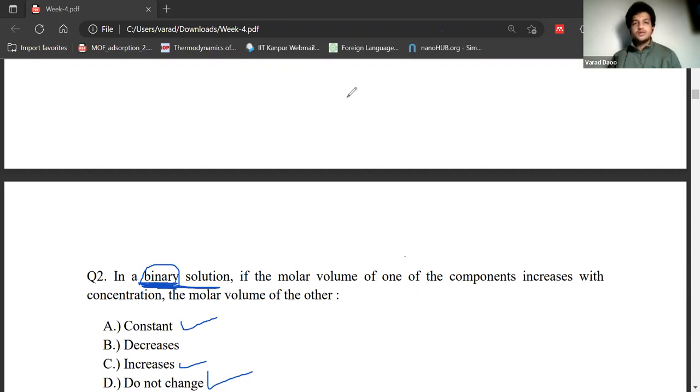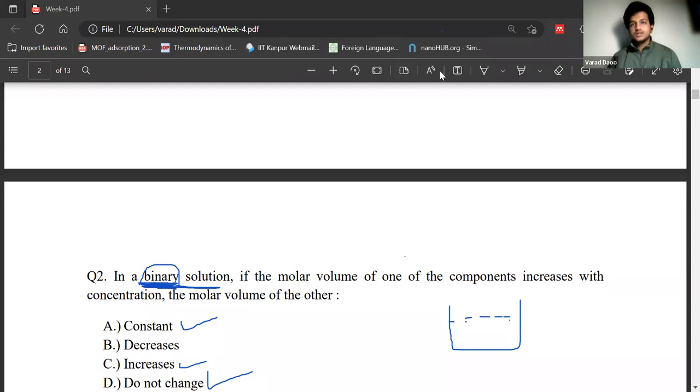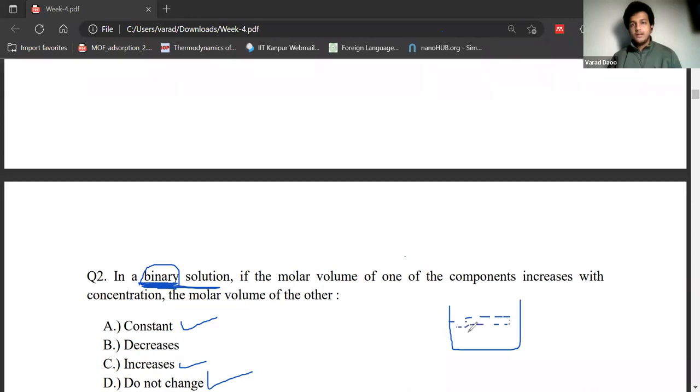Let us understand the question. We have a binary solution. Here is a mixture, a binary solution with components A and B. A plus B, and molar volume.